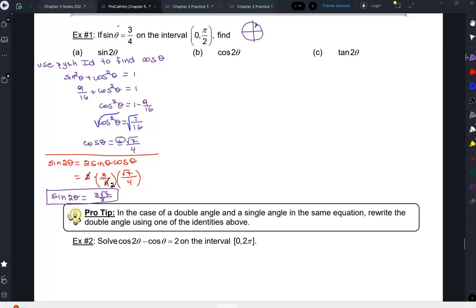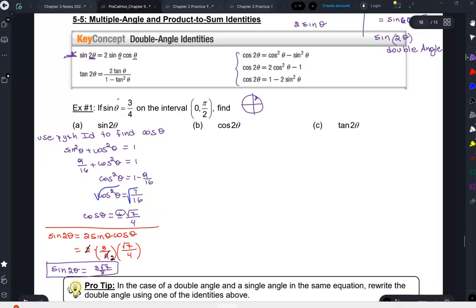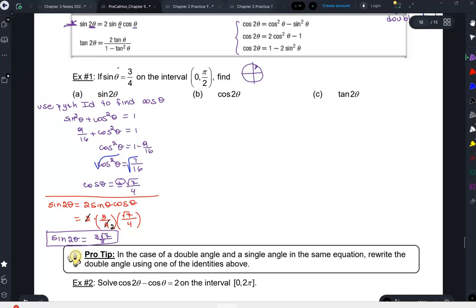Now I need to find cosine 2 theta. For cosine 2 theta, I have 3 choices. And you know what? I'm going to use the last one just because it has sine of theta, and that's what was given to me. So I know there is no mistake, there is no error. Everything will work out perfectly.